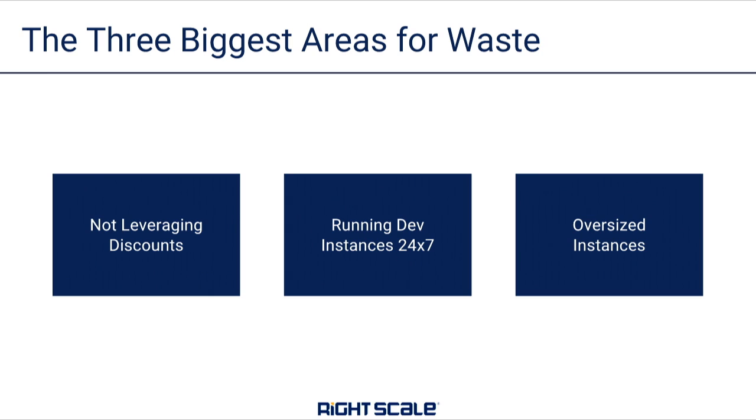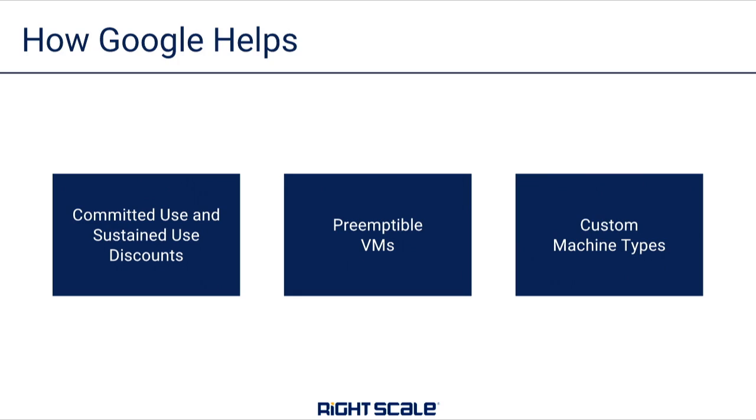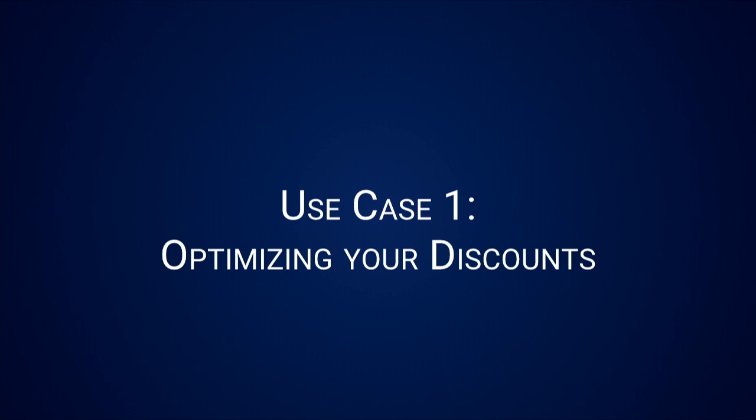The second is running workloads that don't need to run all the time and still running them 24/7. And the last area is over-provisioning, right? Underutilized instances and VMs that are running out there. And so we'd like to focus across these 3 areas on 3 of the feature offerings that you've heard about today, some of them brand new offerings: committed use and sustained use discounts, preemptibles, and custom machine types.